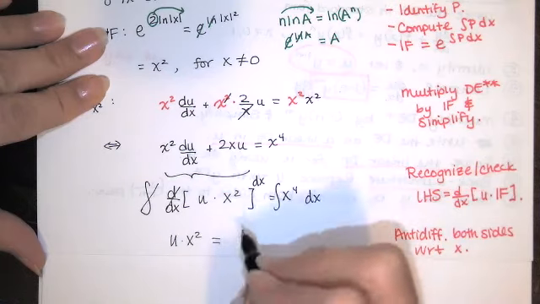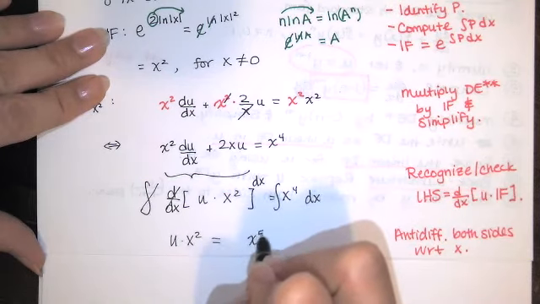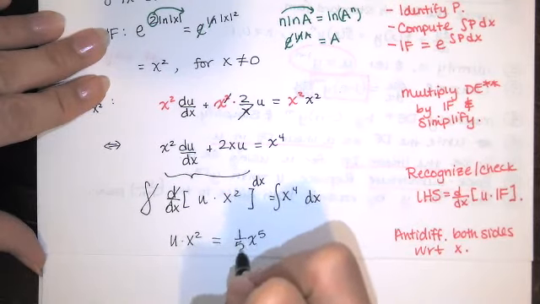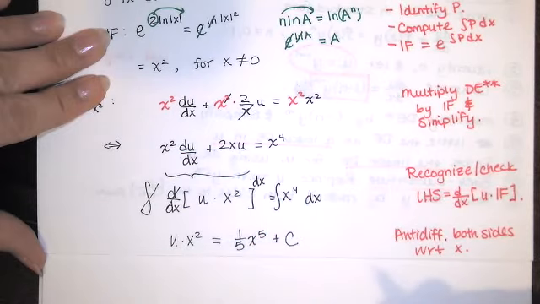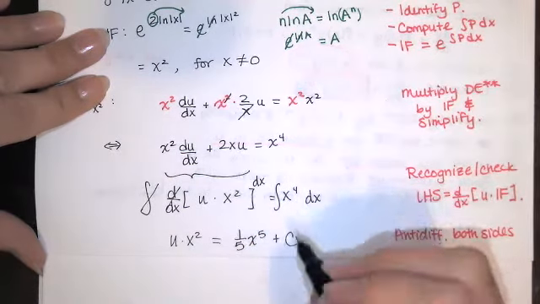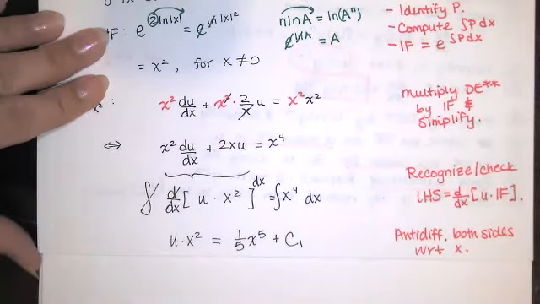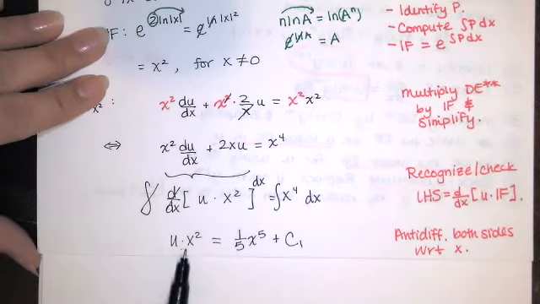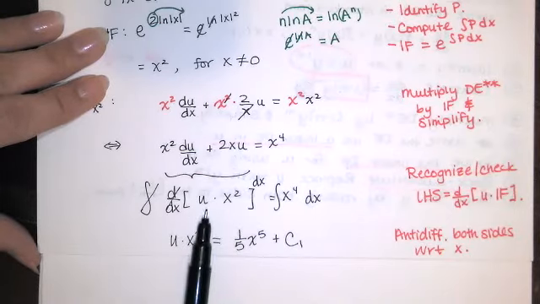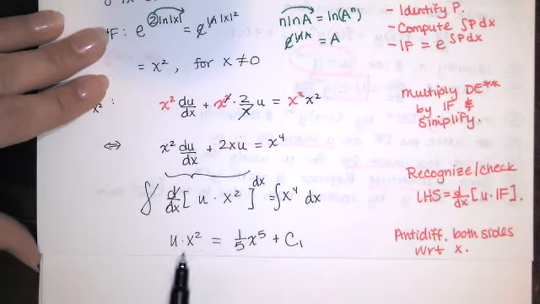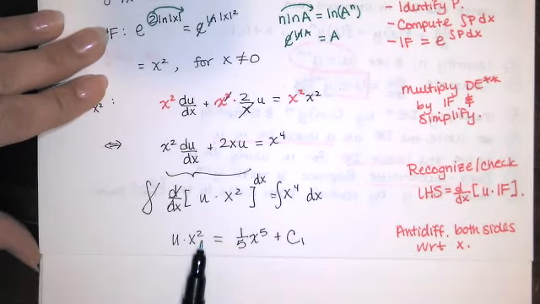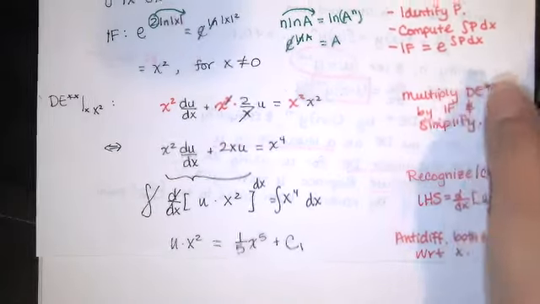The antiderivative of x to the 4th requires the power rule. Add 1 to the exponent, divide by the new exponent. Don't forget your plus c. Actually, we use c for something else. I'll call this one c1. And I'm still 1 step away. I was 2 steps away from getting u by itself. Now I'm just 1 step away. Now I have to divide both sides by u squared to isolate u.